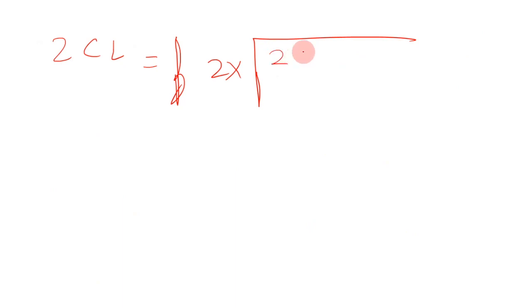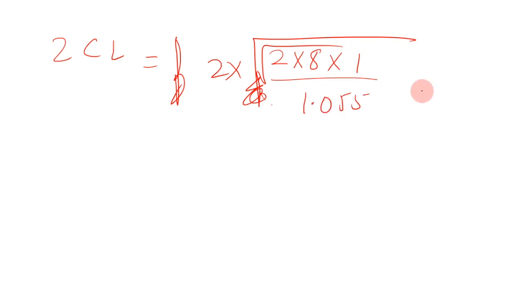So 2CL for the D part is equal to 2 into the mass, which is 8, into U minus E, which is 1, under root, divided by 1.055 into 10 to the power minus 34, into L. L is given as 0.02.